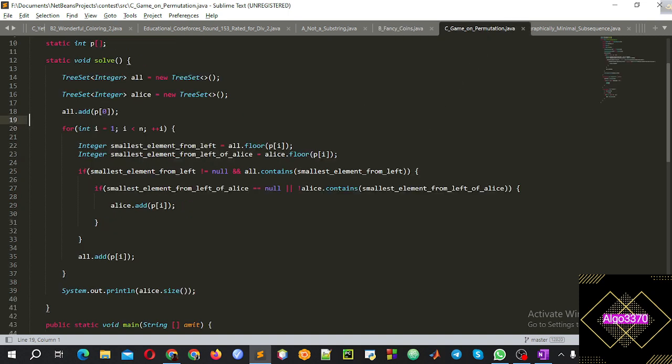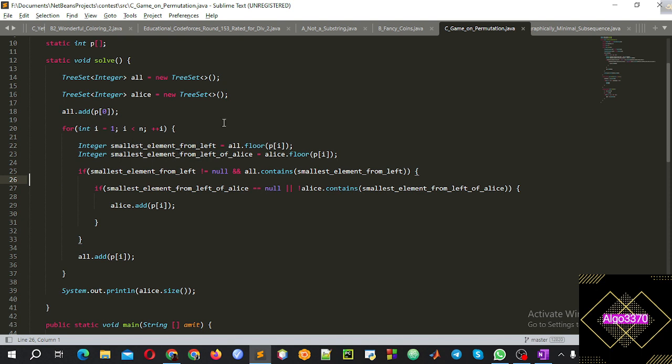At the first time, add the leftmost element in the all tree set. Then start iteration from the second element. Try to find the floor element from the left in all, and the floor element from the left in Alice. If the smallest element from the left is not equal to null, that means there is a smaller value than the present element p of i in the left region, and the smallest value in the list is present in all.